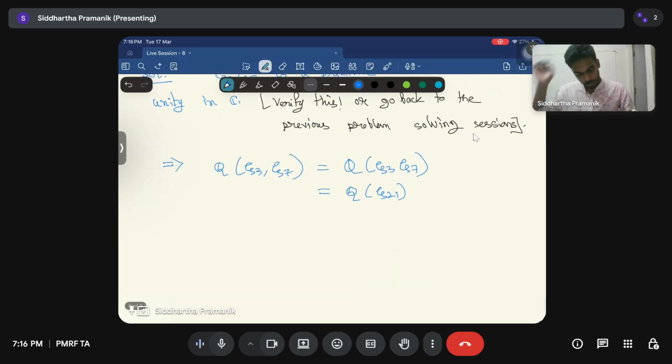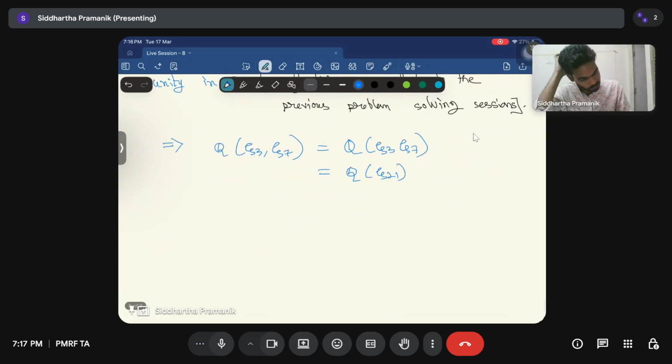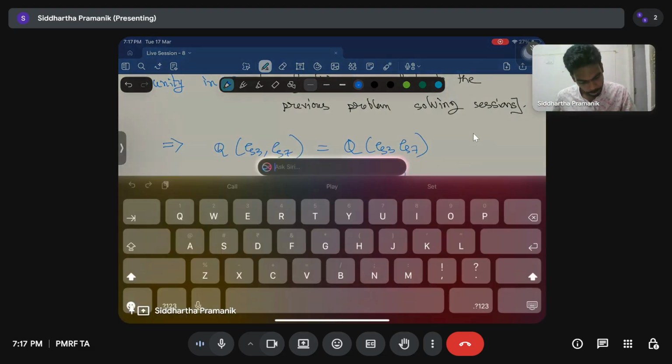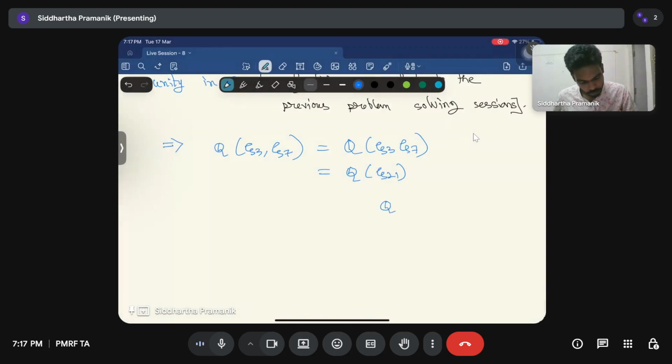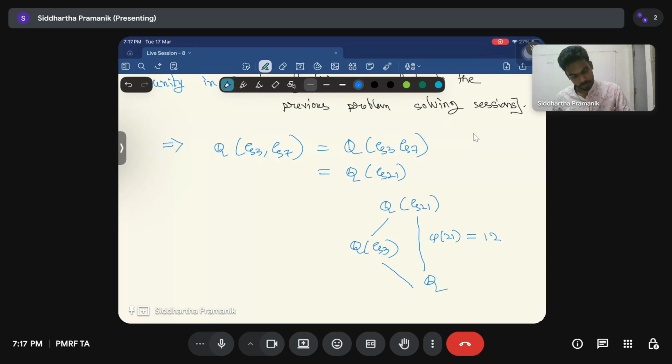So I am doing this first, so maybe you can verify all these things. So here we have zeta 21, and here we have Q adjoin zeta 3, and here we have Q. The degree of zeta 21 is phi of 21, which is 2 times 6, so it is 12, and this is 2.